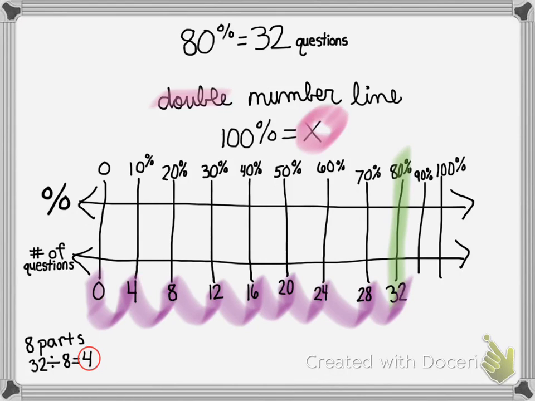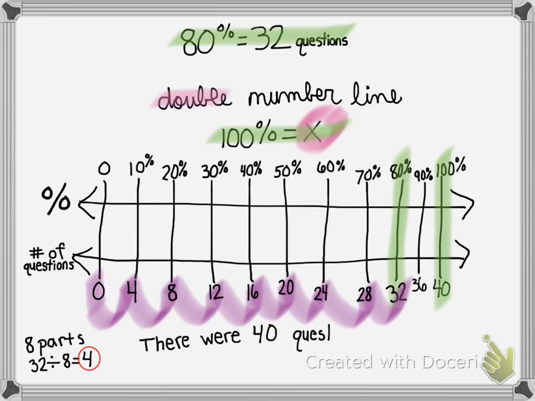So far I was able to prove that 80% equals 32, but I'm not finished. I need to answer what does 100% equal? And 100% equals 40. So now I can answer the question. There were 40 questions on the test.